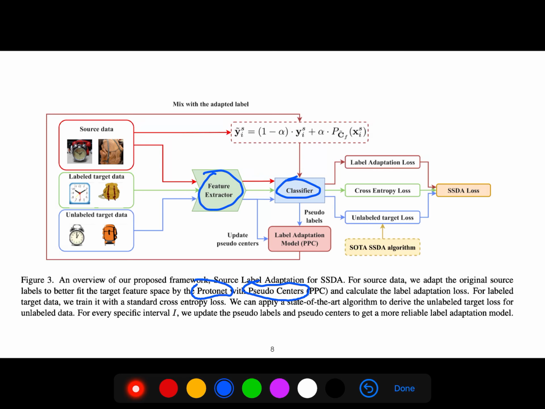For labeled target data, we train it with a standard cross-entropy loss. We can apply a state-of-the-art algorithm to derive the unlabeled target loss for unlabeled data. For every specific interval, we update the pseudo-labels and pseudo-centers to get a more reliable label adaptation model.